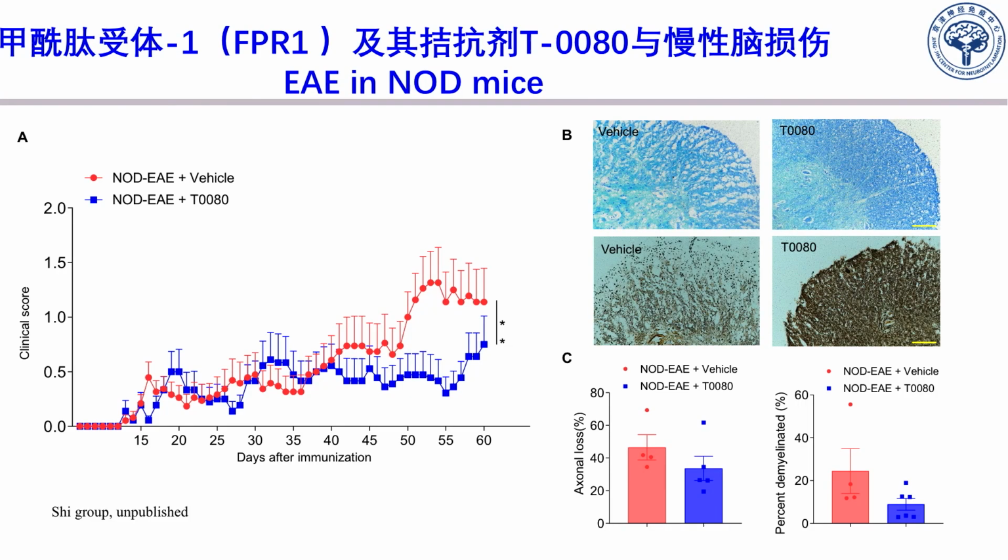So I said EAE in black 6 mice mostly mimics an acute attack. Then we turned to another model, in NOD mice, which has a secondary progressive form of MS. Again, we see a similar situation to what we saw in the C57 black model.